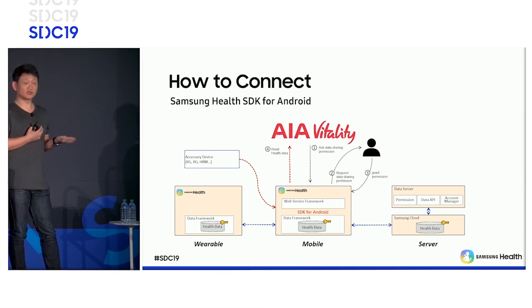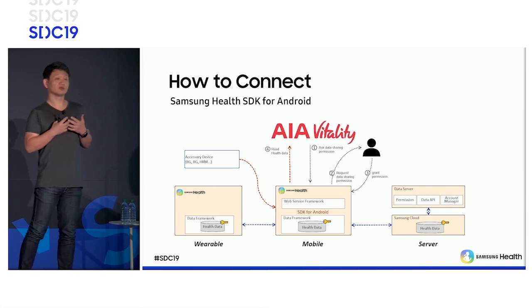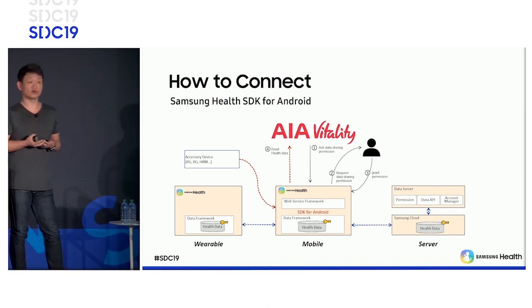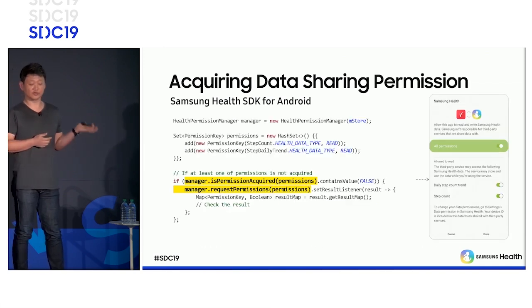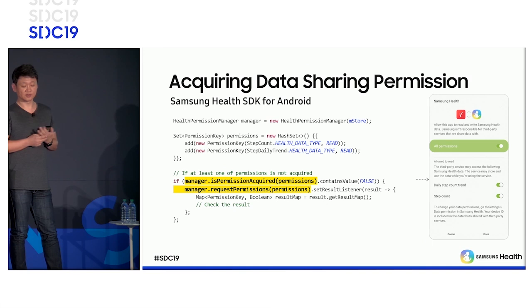As I mentioned in the previous slide, to read users' data, the partner app has to get data sharing permission from the user explicitly. For the next slide, I have 2 code examples for those. Here is a code snippet to get permission.